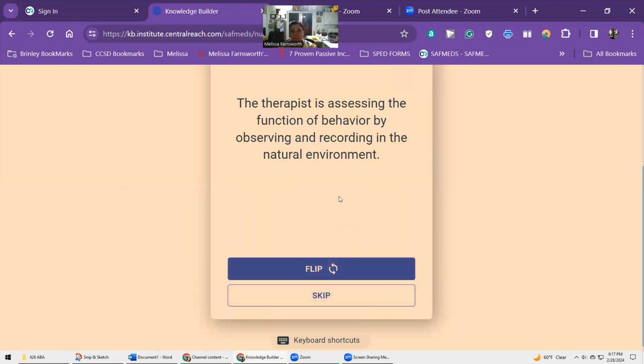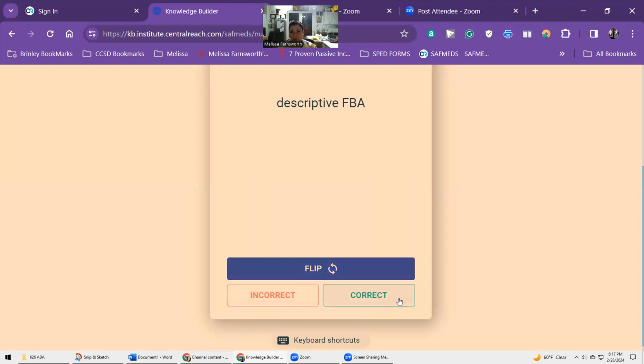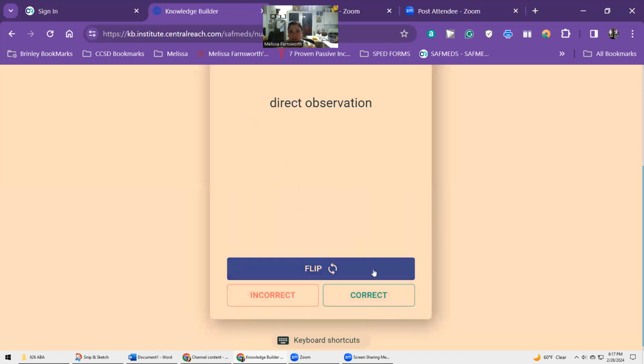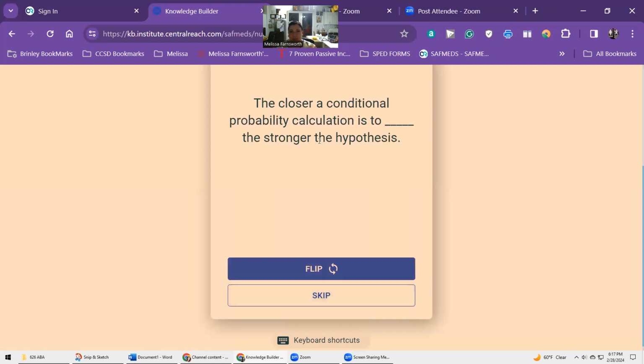The therapist is assessing the function of behavior by observing and recording in the natural environment. Descriptive FBA. Indirect observations are indirect because they don't involve blank blank of the behavior. Direct observation. The closer a conditional probability calculation is to blank, the stronger the hypothesis.